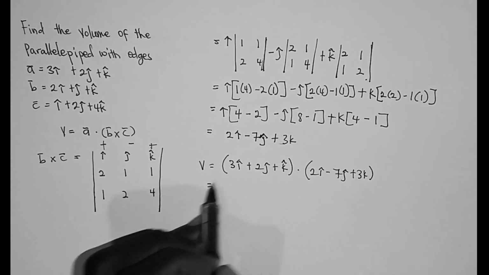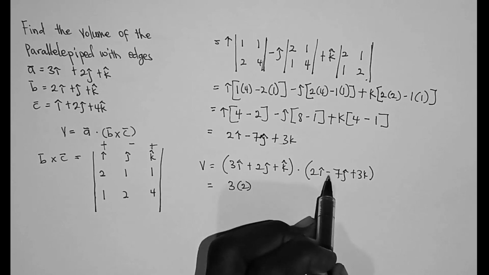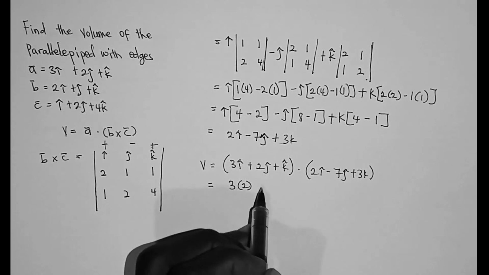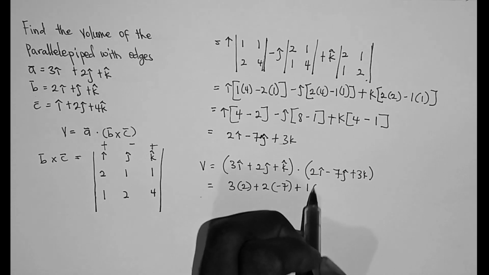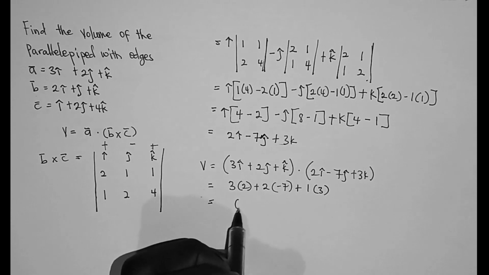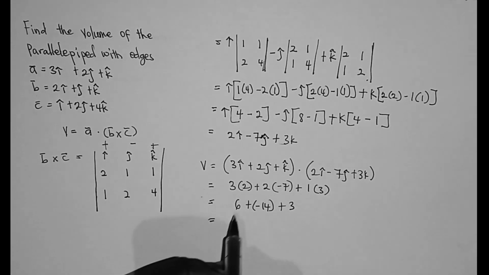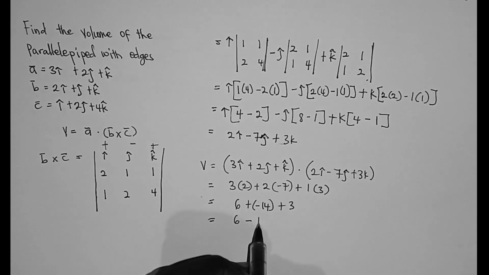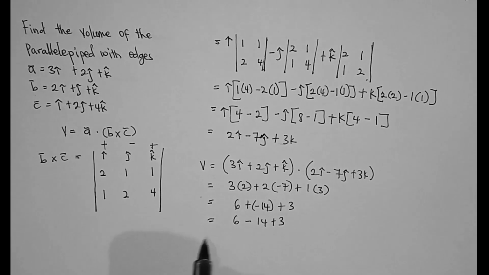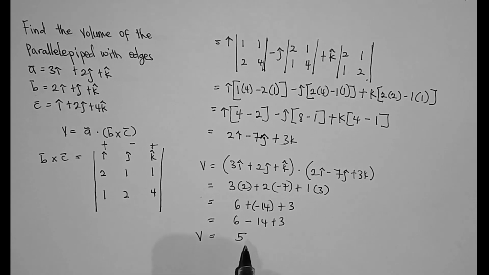So this is equal to 3 times 2, you multiply the corresponding components, then plus 1 times 3. 3 times 2 is 6, and 1 times 3 is 3. So this is equal to 6 minus 14 plus 3, which is equal to 5. So the volume is equal to 5 cubic units.